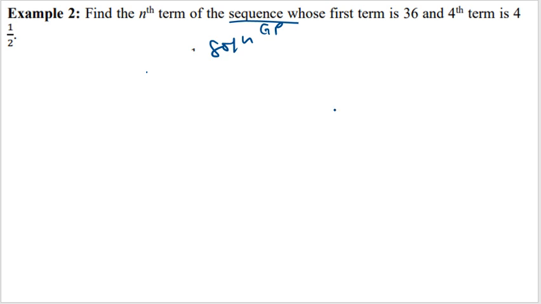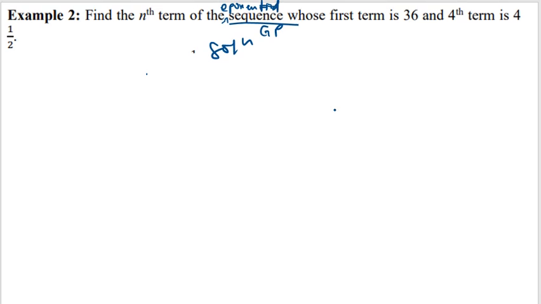But if it were an exams question, they would specify the type of sequence, for example, find the nth term of the exponential sequence, because we are dealing with the subtopic exponential sequence. So my general term Un is going to be ar^(n-1).